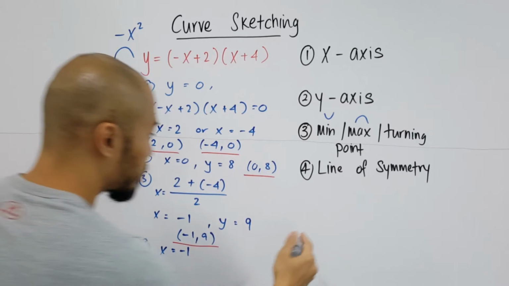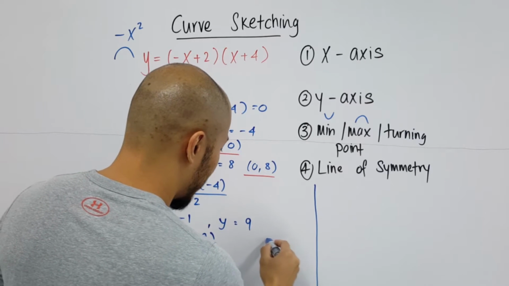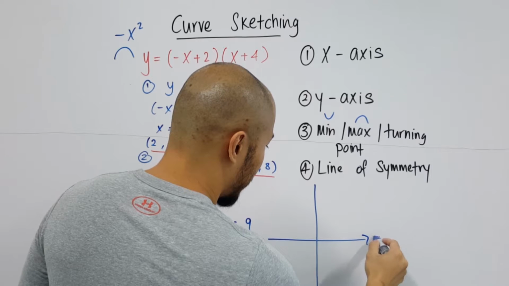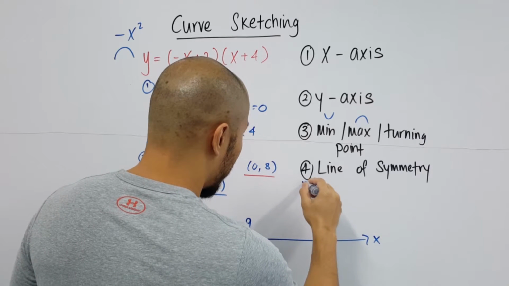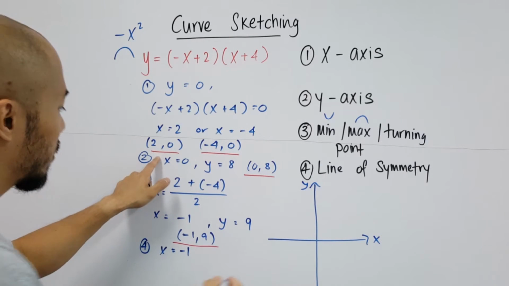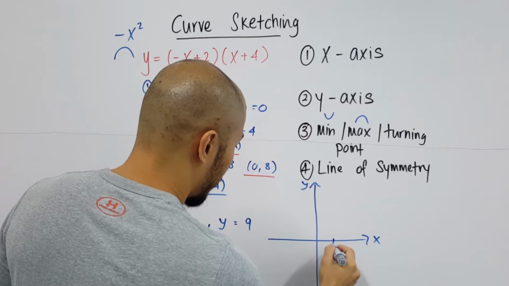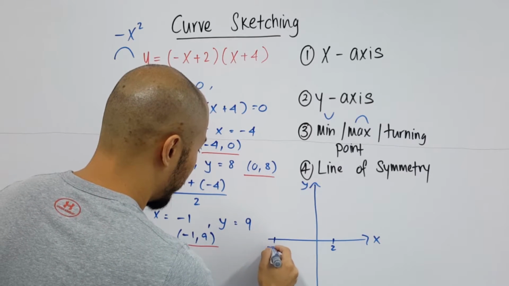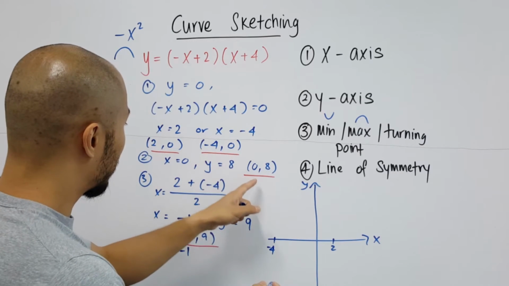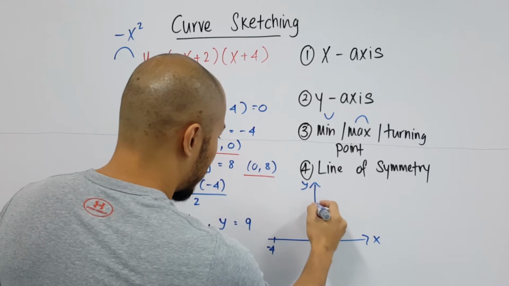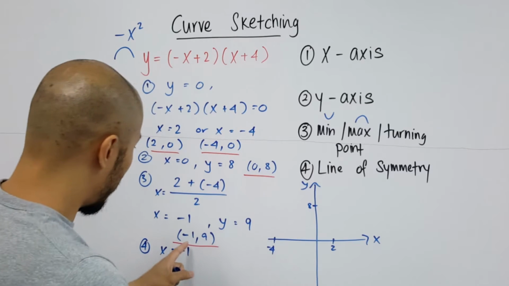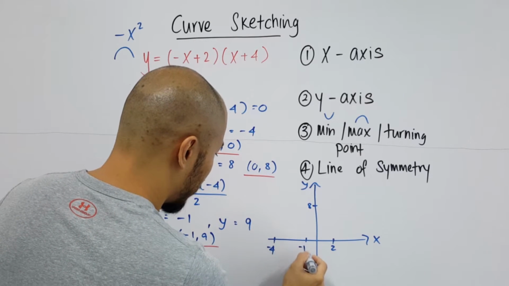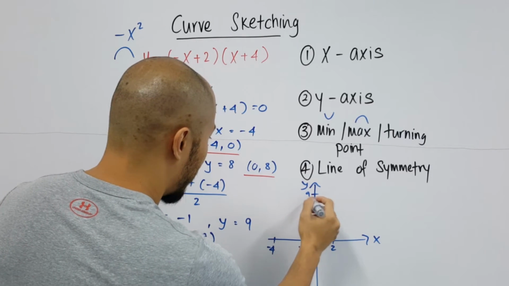So this is my curve, this is my x-axis, this is my y-axis. (2, 0) will be somewhere here. (Minus 4, 0) is a bit further here. (0, 8), this is my 8, and minus 1, probably this is my 9.